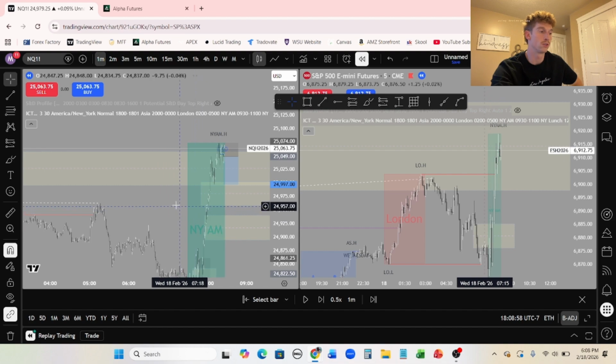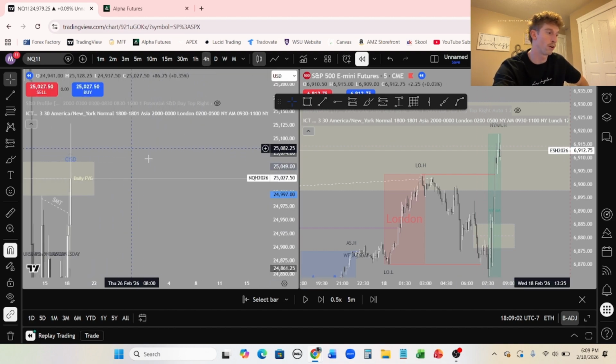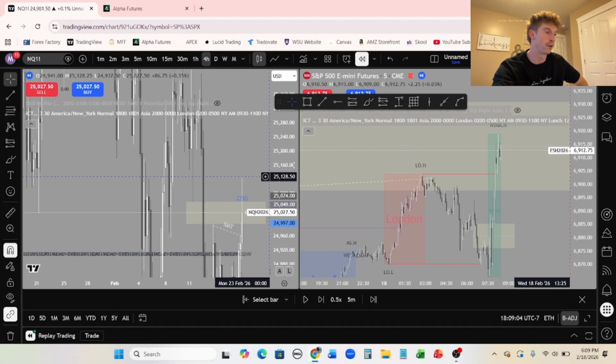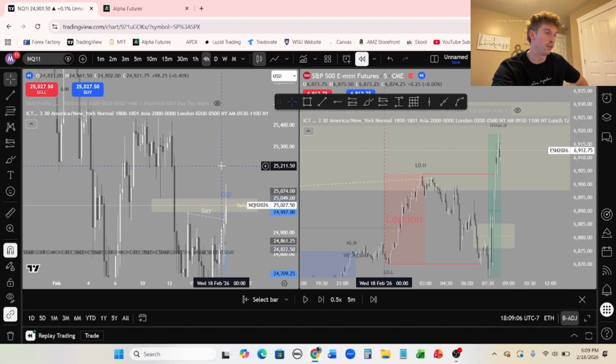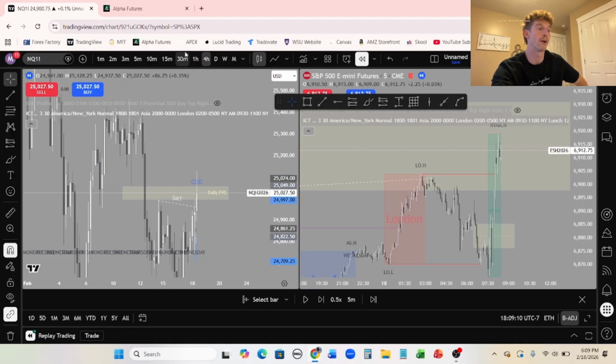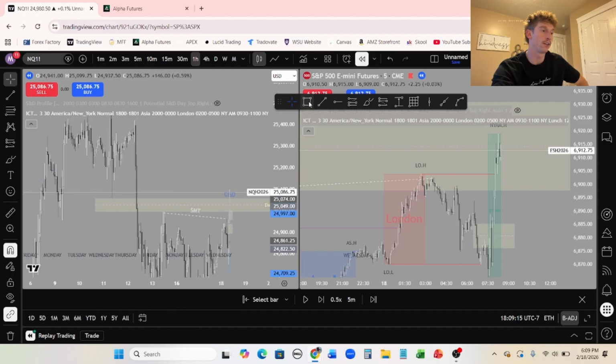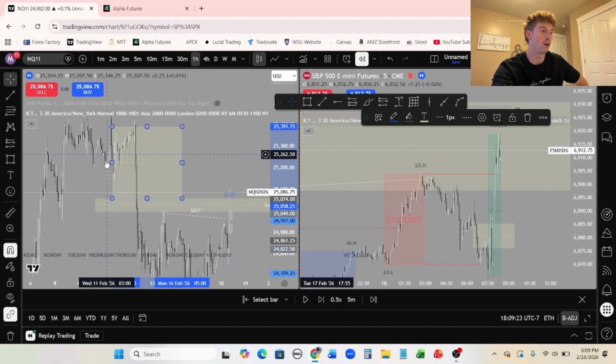One other reason I chose to take this trade, and this is something I need to study a little bit more, is if we go to the high time frame, this is where we're delivering out of not just a daily fair value gap, but a huge 4 hour and a huge 1 hour gap. And let me know if you guys know more about this than I do, but I believe the last leg up, which is all of this right here, acts as like an order block or something like that.